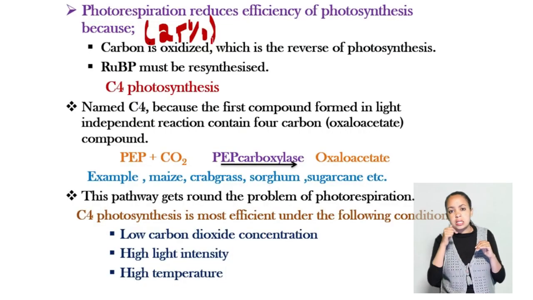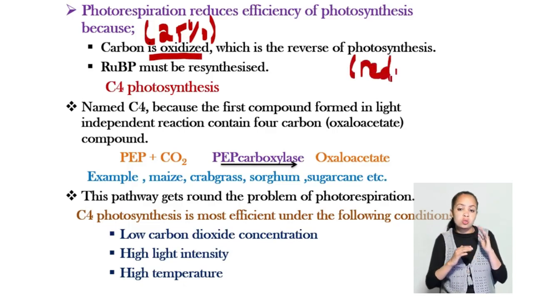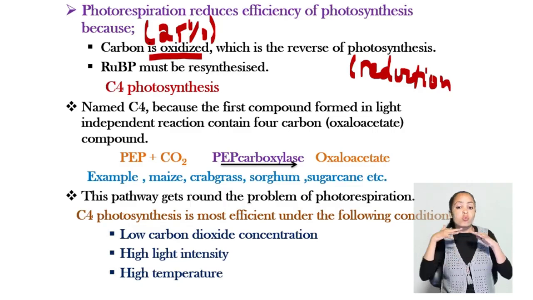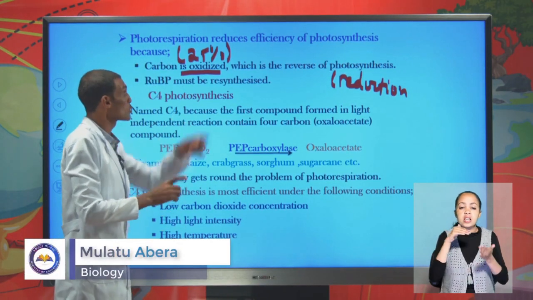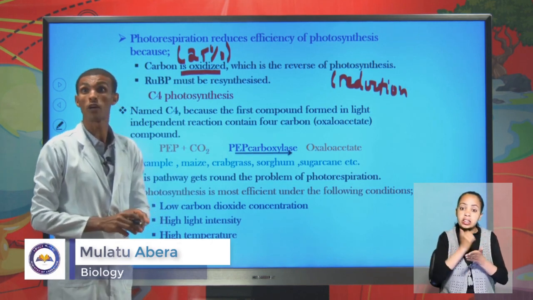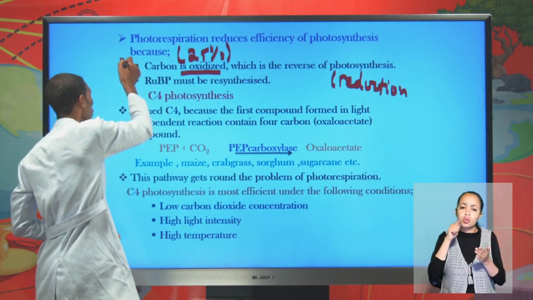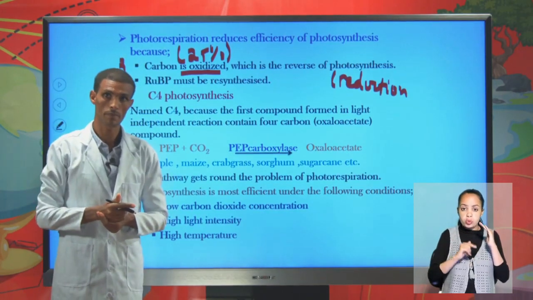Rather, it is considered an oxidation reaction, which is the reverse of photosynthesis. Photosynthesis is a reduction reaction. Another reason is that there is resynthesis of ribulose bisphosphate from phosphoglycolate here. By these two main reactions, photorespiration reduces the efficiency of photosynthesis.